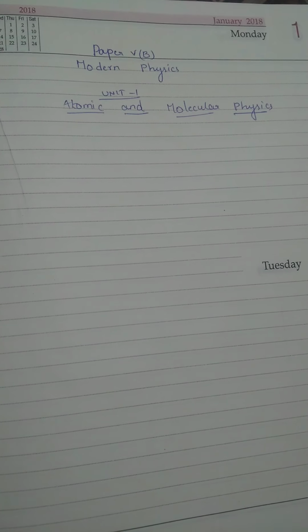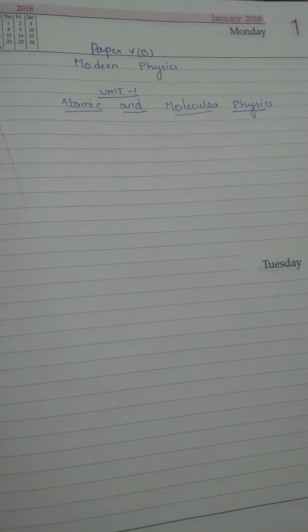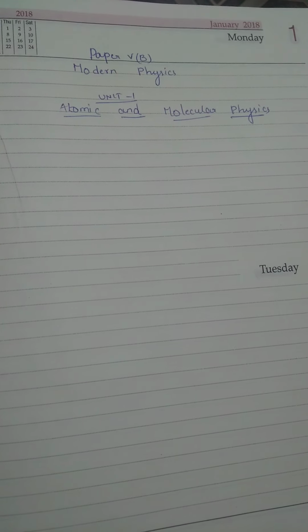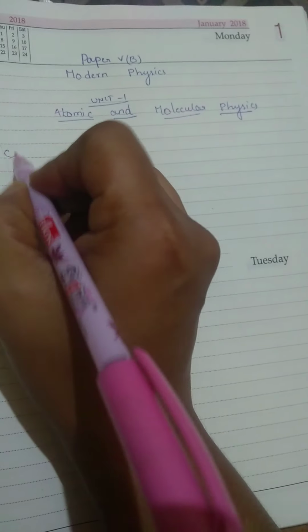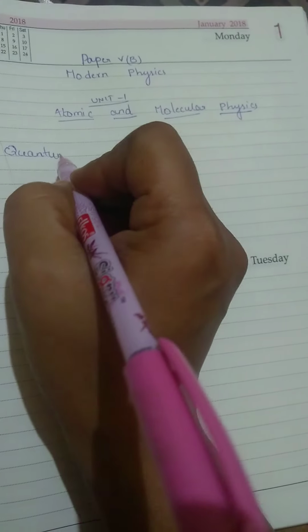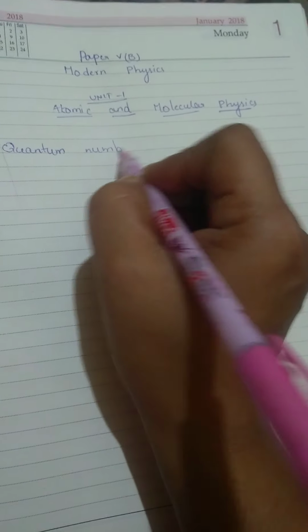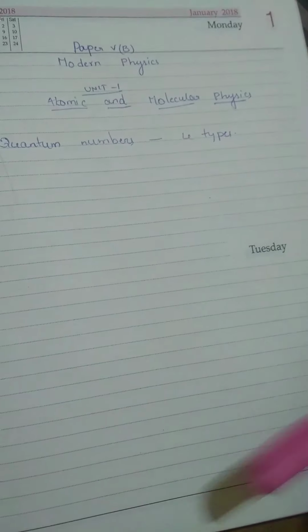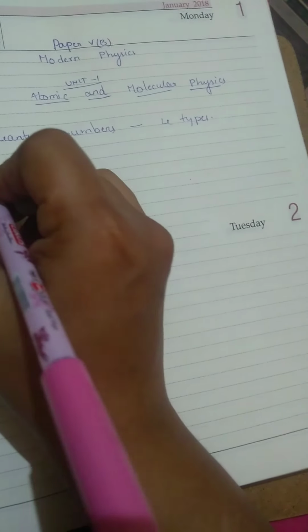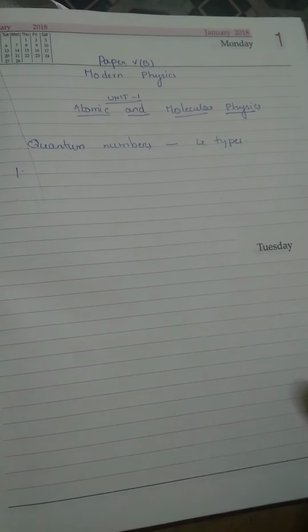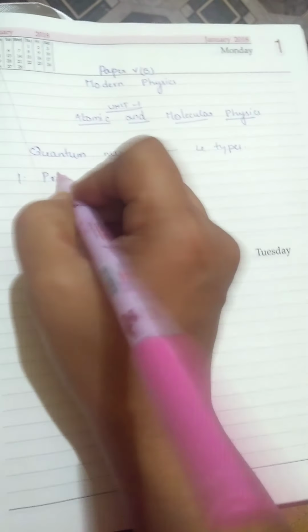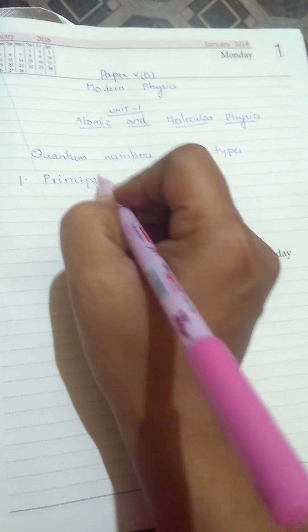First of all, we will discuss the vector atom model associated with the quantum numbers. So we know that quantum numbers are 4 types. They are: first one, principal quantum number.